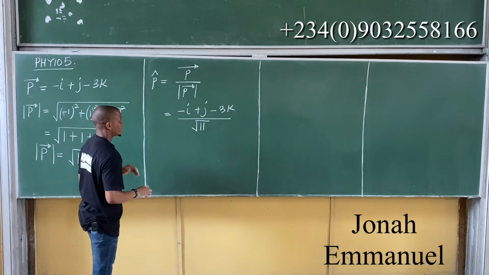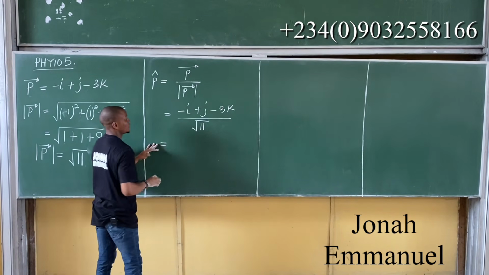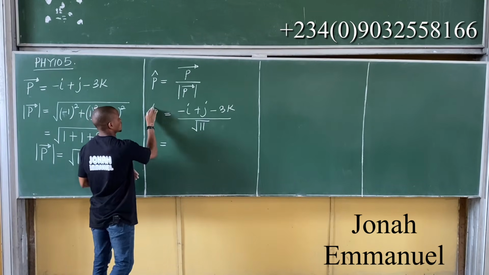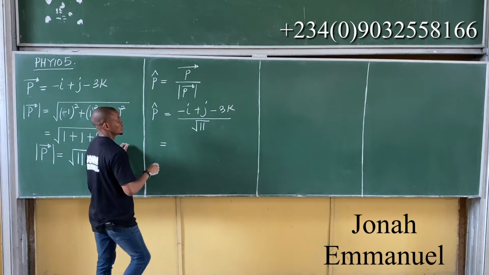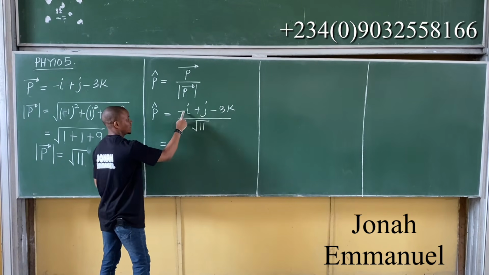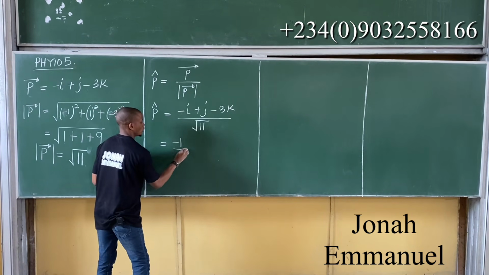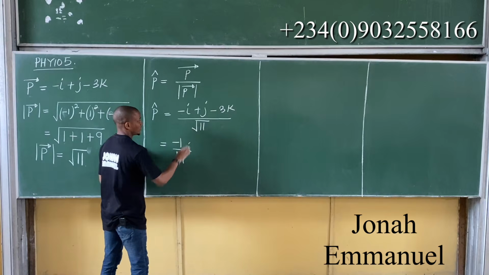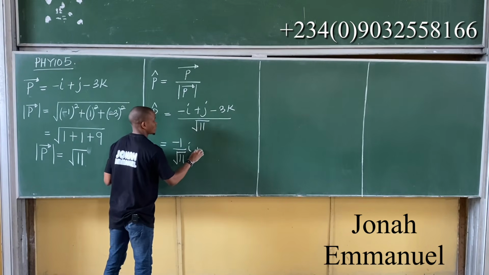Alright, so work this out. I said you can choose to separate them if you want to. So my coefficient here is minus 1, becomes minus 1 all over square root of 11, all to I. Next up, I'm saying plus, so it becomes plus.